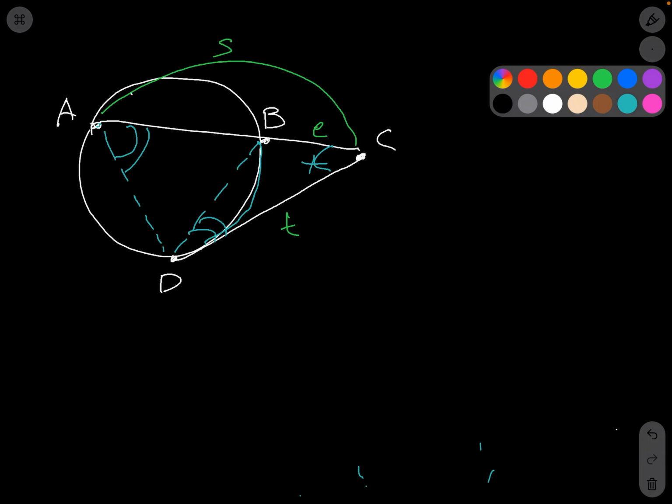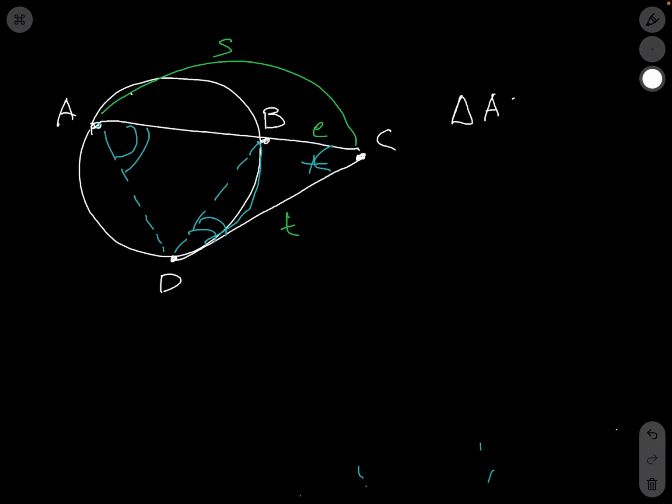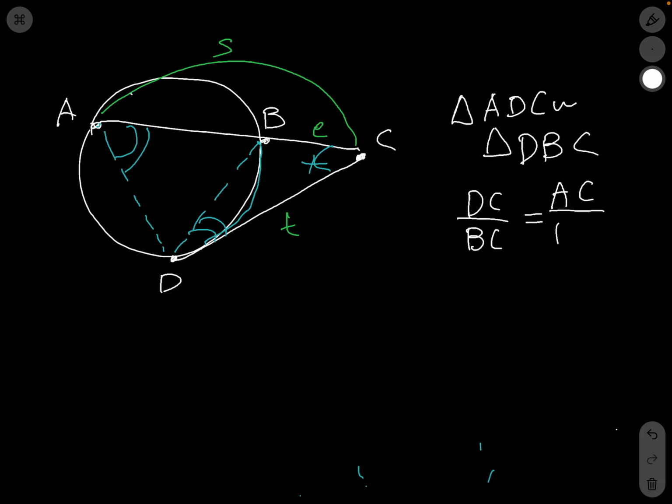Okay, so now we can say triangle ADC is similar to triangle DBC, and we can say, no, not AD, because that's not part of what we're proving. So DC over BC is equal to AC over DC, because corresponding sides of similar triangles are proportional.